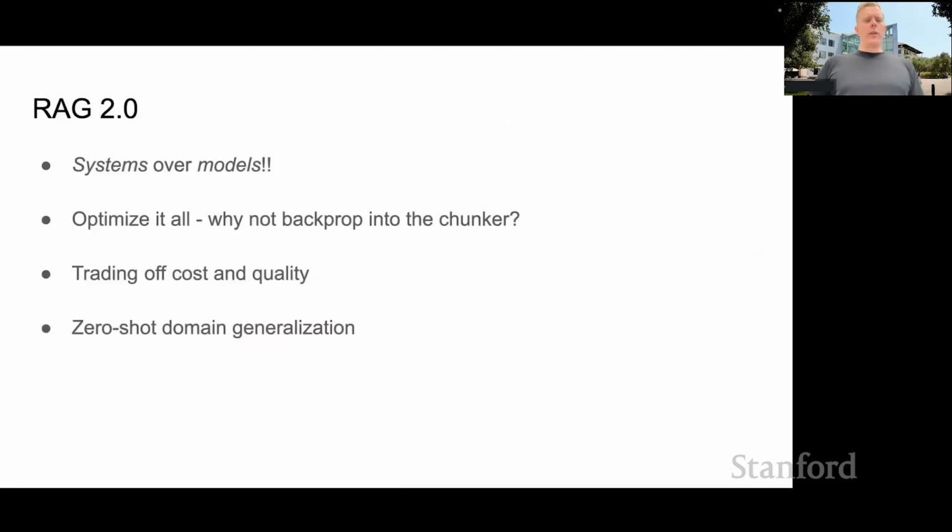So overall, I think it would be nice if everybody moves away from RAG 1.0, frozen Frankenstein RAG, and moves towards this much more optimized version, RAG 2.0. It's really about systems over models, right? It's not just your language model and your retriever and they're kind of separate. It's about thinking from a systems perspective about the entire thing and the problem you're trying to solve.